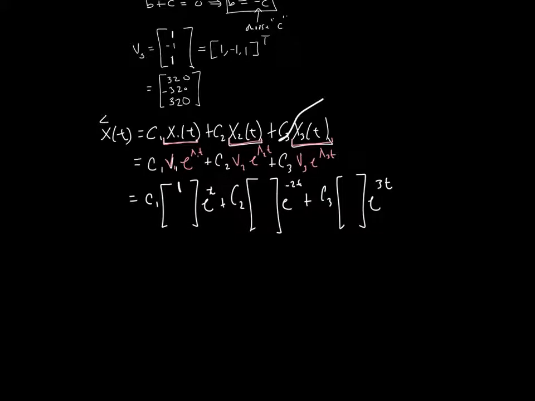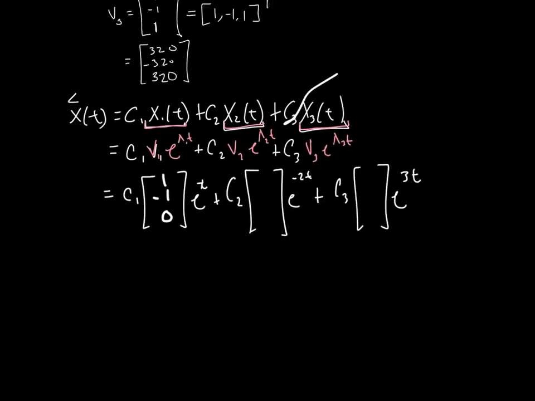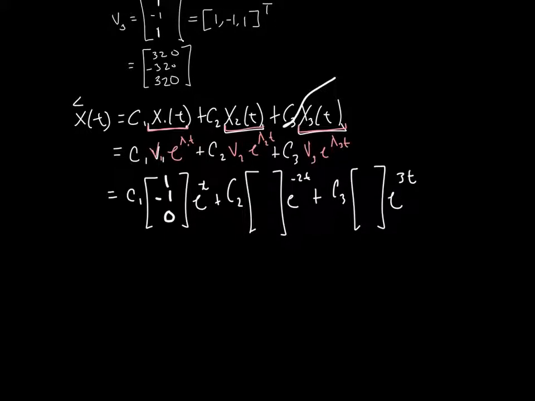Our eigenvectors are 1, negative 1, 0. We just found our V3, so might as well put that in, 1, negative 1, 1, and the other eigenvector, my V2, was 0, 1, negative 1. Now we have scalar multiplication here.